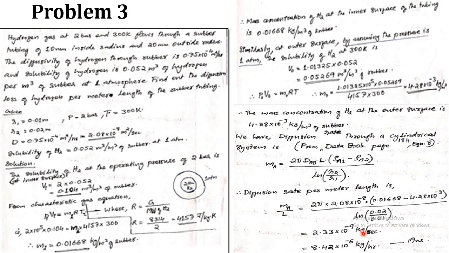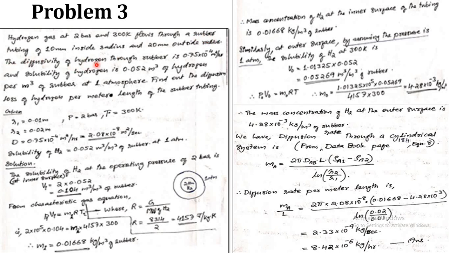The last problem in this topic is: hydrogen gas at 2 bar and 300 Kelvin flows through a rubber tubing of 10 mm inside radius and 20 mm outside radius. The gas is hydrogen, the tubing is rubber.